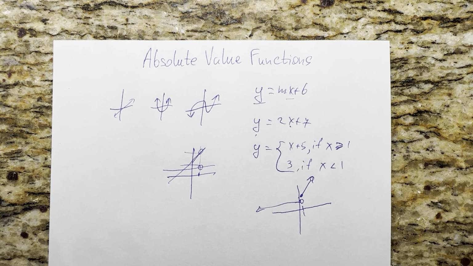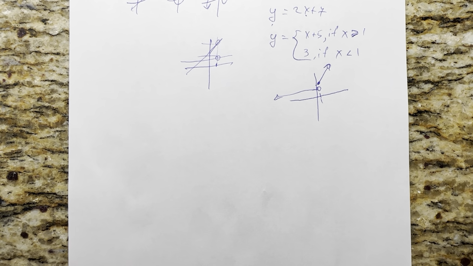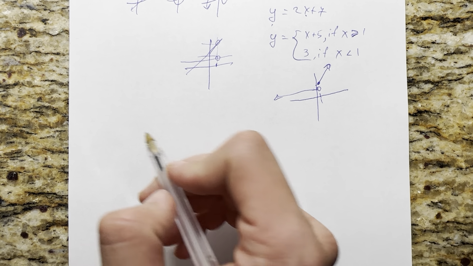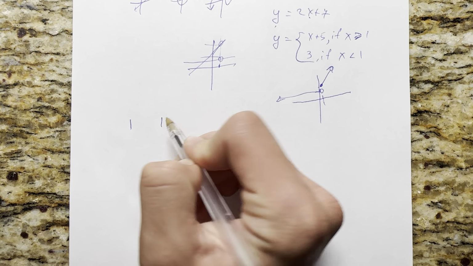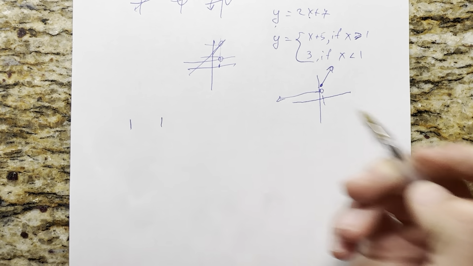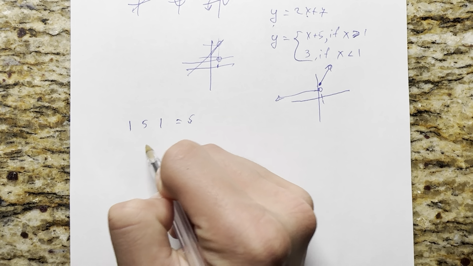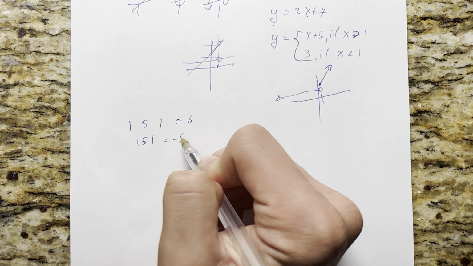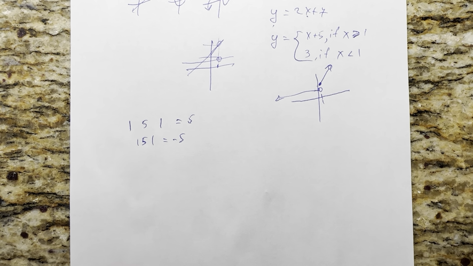Okay, now let's go to absolute value functions. Absolute value, as we all know, is written in these bars. So the absolute value of 5 could be equal to 5, or it could be equal to -5. Wait, like this.